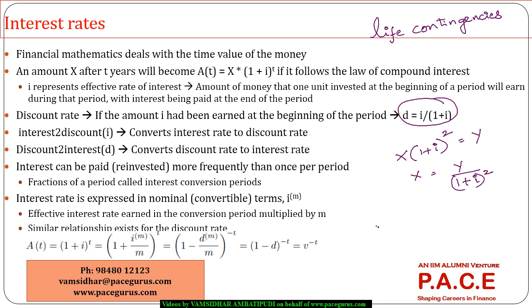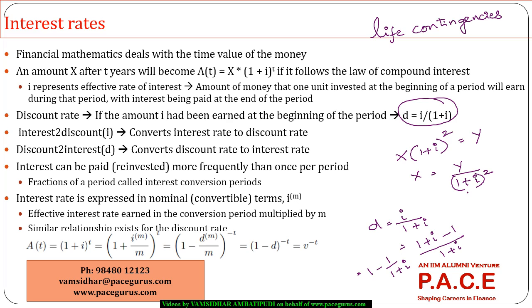But we have known that d is nothing but i by 1 plus i. Right? I want to use this relation. So i by 1 plus i, which is otherwise, I could have written this i as 1 plus i minus 1, by 1 plus i. So which is also making 1 minus of 1 by 1 plus i.